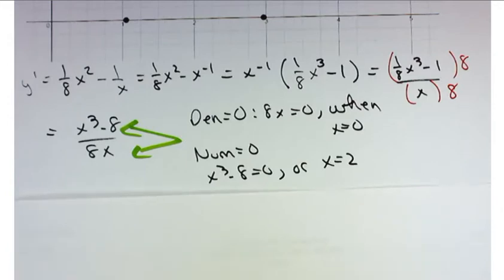Now one of those doesn't really help us out a whole lot, right? Which one? 0. Because 0 is not even in the domain, so I don't have to worry about 0. The function is not defined at 0 or to the left of 0. So 0 is not going to enter into the equation at all.